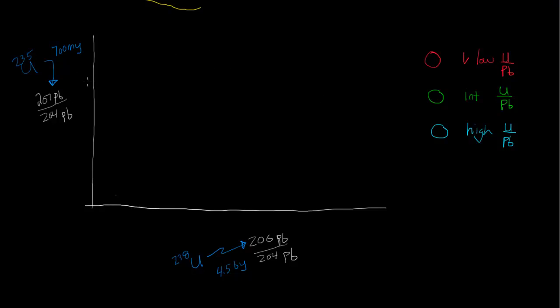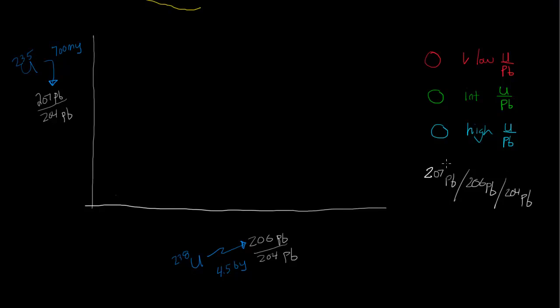Remember though, there's no uranium and lead on this diagram, right? This diagram just plots lead-lead isotopic ratios. And remember, we said before that all of these things, because they formed all at the same time, have exactly the same ratios of lead-207 to lead-206 to lead-204.